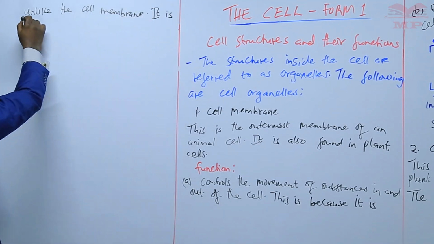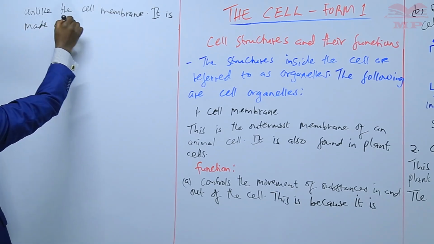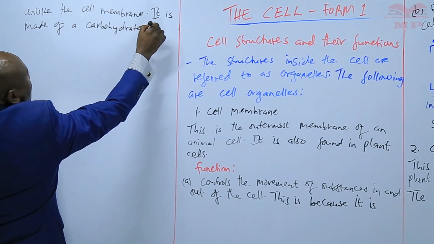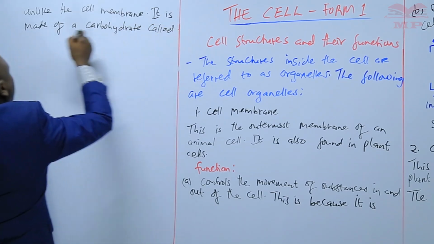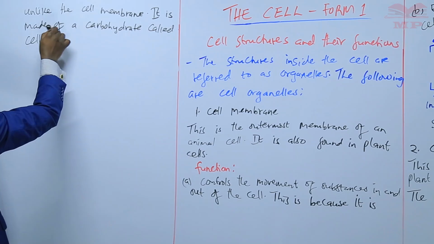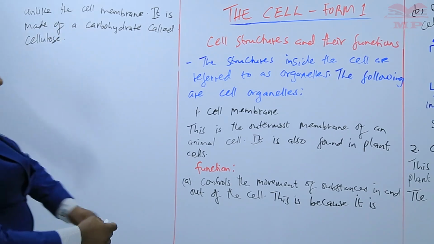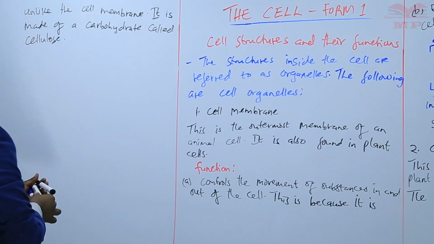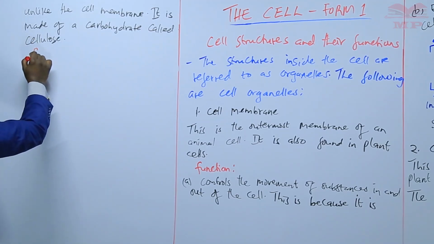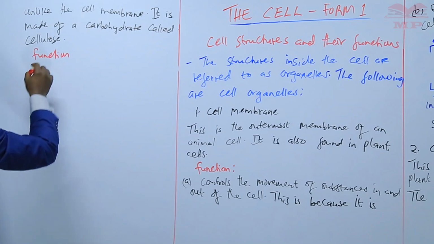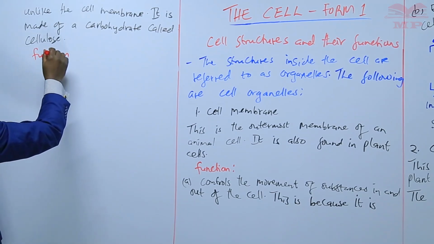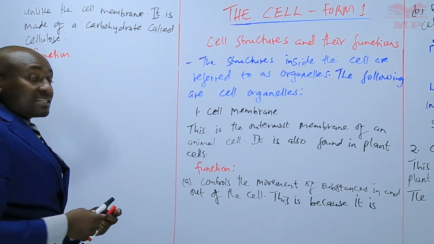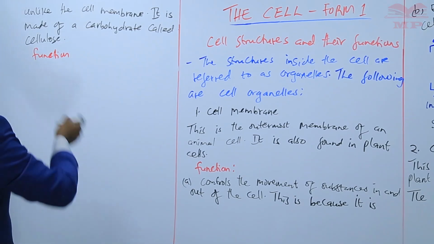It is made of a carbohydrate called cellulose. And that's why some books will call it cellulose cell wall. In terms of the function, the cell wall is the one that gives the plant cell a definite shape.